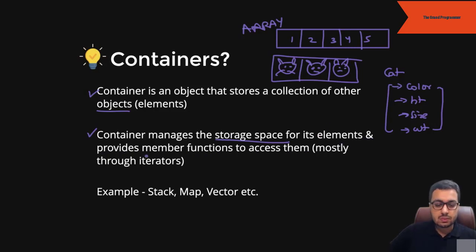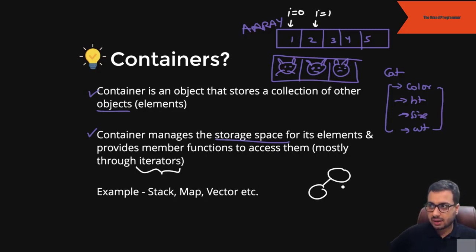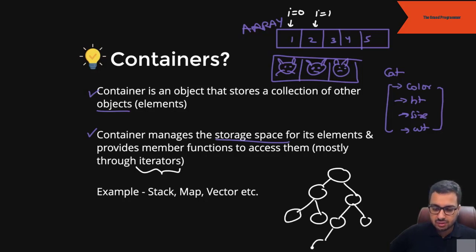A container manages the storage space for its elements and provides member functions to access them, mostly through iterators. Iterators are again a very important concept. If you have an array, you can simply iterate over it using a variable, let's say starting with i at 0, then i at 1. But suppose your container is complex, maybe implemented using a tree-like data structure. In that case you cannot simply iterate using an index.